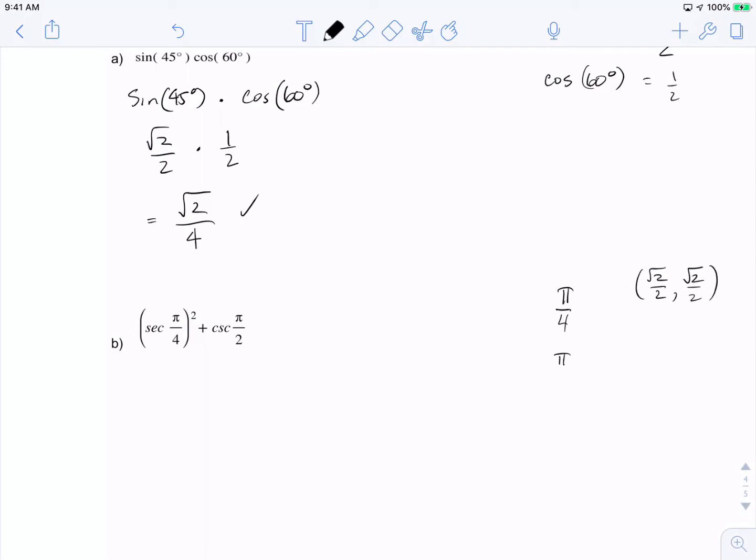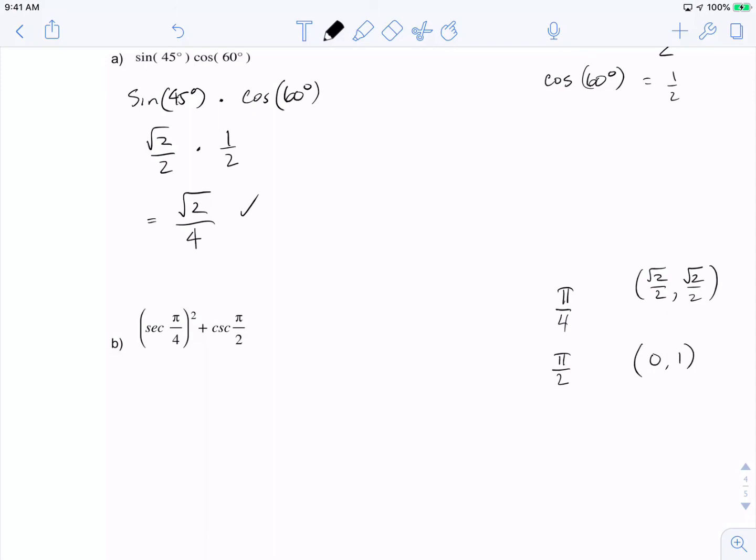And I know that pi over 2 is going to give me the point 0, 1. So that's going to be useful for me in this problem. So secant really is the reciprocal of cosine.